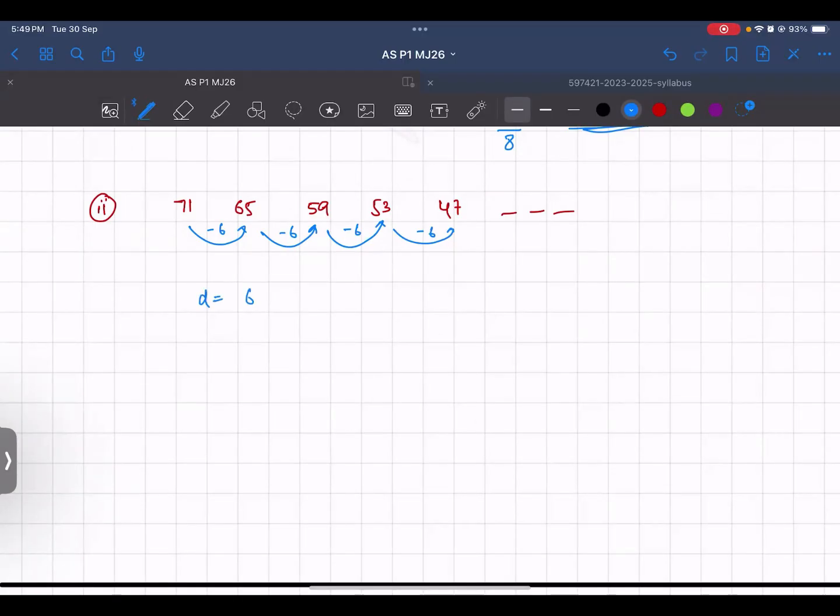D is equal to T2 minus T1, 65 minus 71, which is minus 6. And you also know the value of A, which is 71. So your Tn becomes 71 plus (n minus 1) into minus 6. You can simplify it further, otherwise this is your nth term formula. This is your answer. That's it.